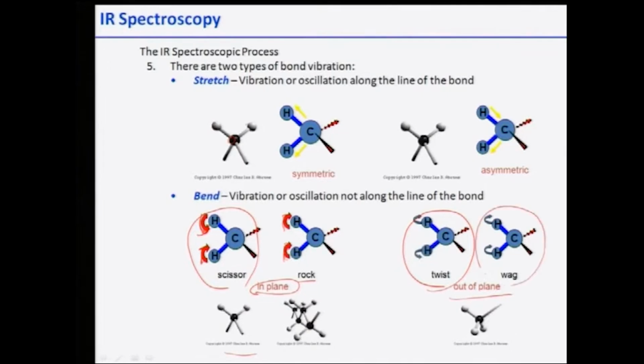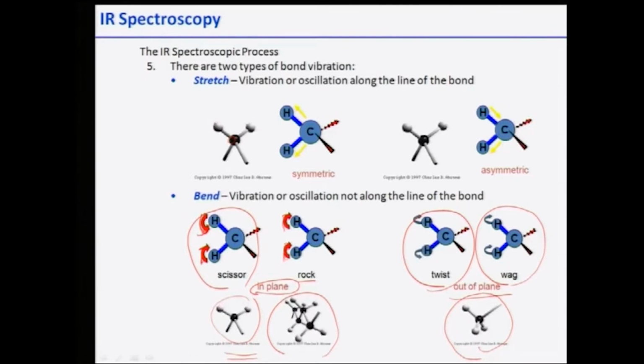The second one is called wag, where both atoms are moving in the same direction. You can clearly see these are all shown here: scissor is like this, rocking is like this, and this is I think twist. These situations will lead to different kinds of energy states of the molecule.